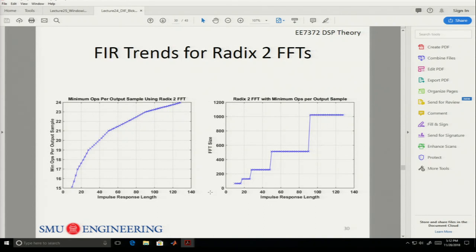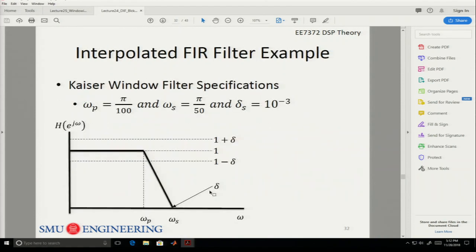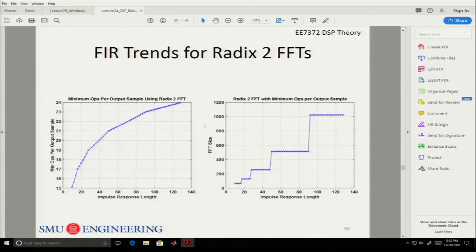So I guess we'll just stop here and say that hopefully you can see that just doubling, like from 40 to 80, the impulse response length did what? It moves you from about 20 to 22-ish. So what happened? It increased our number of ops per output sample by about 10%, and we doubled the length of the filter, or doubled the order of the FIR filter.